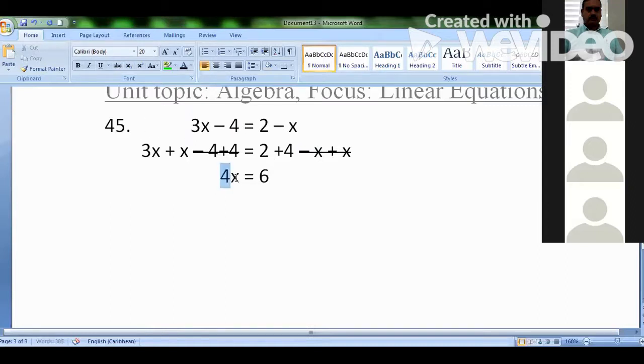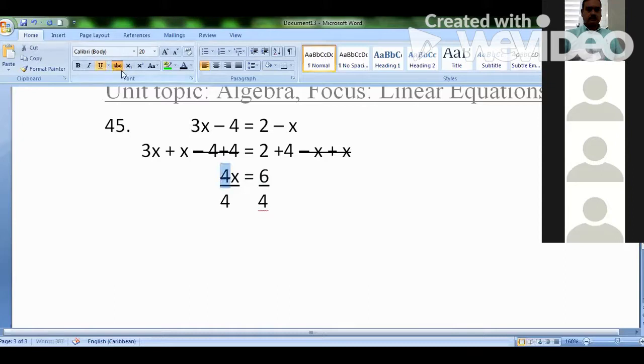Okay, so what we're going to do next now? Sir, I must divide it by the 4. Yeah, you're right. So I have x equal 1 point something.